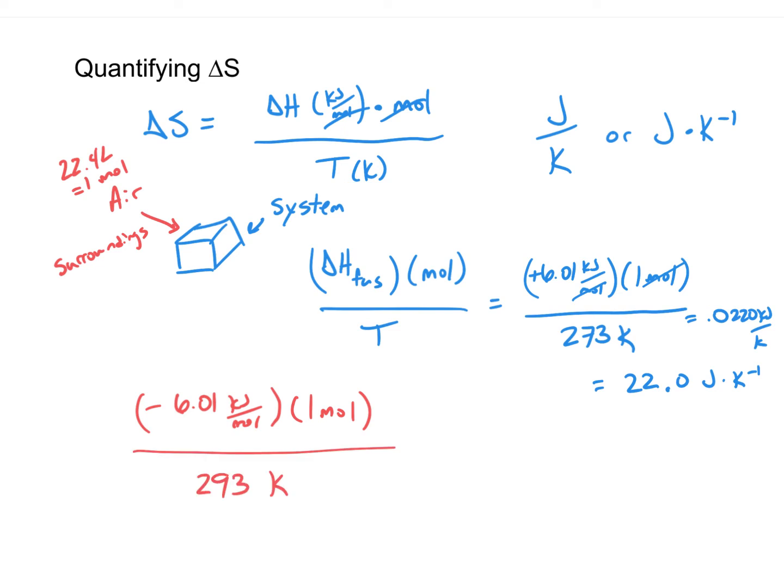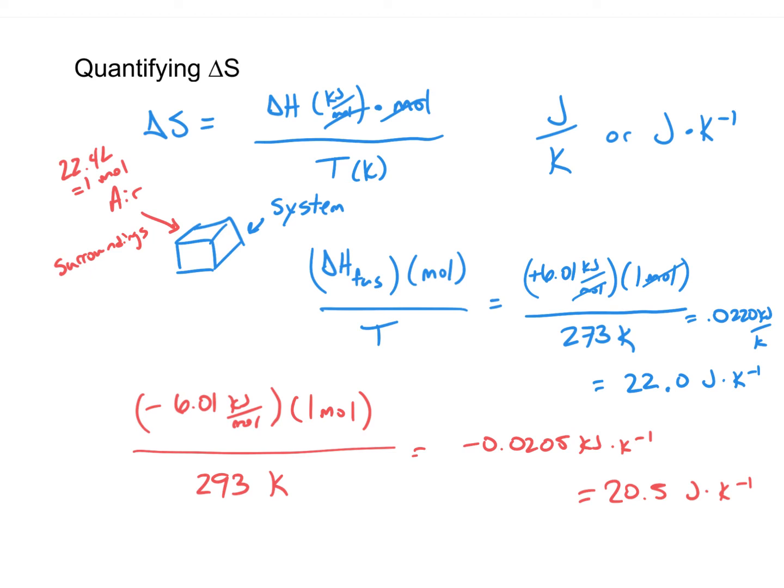So what we have here is negative 6.01 times 1 divided by 293. If we punch that into our calculator, we get negative 0.0205 kilojoules per Kelvin. Again, it's kind of a small number. Let's move the decimal point 3 to the right. It's negative 20.5 joules per Kelvin.